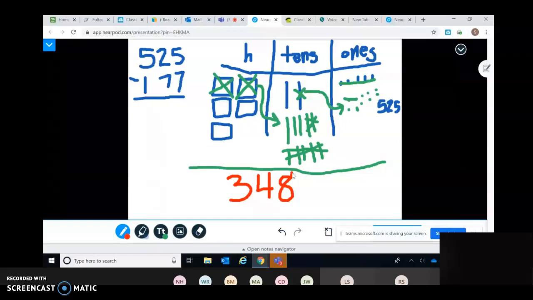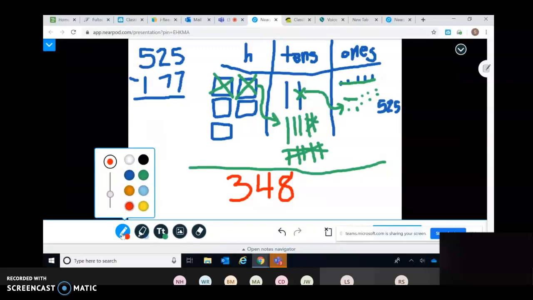Okay, so I put these figures back into my notes. Now we're going to check. Remember, always check. Checking tells you whether your answer is right. But we're going to go back to the original.